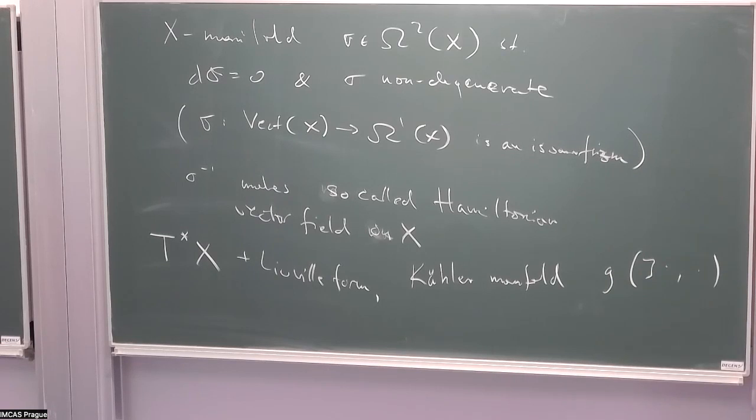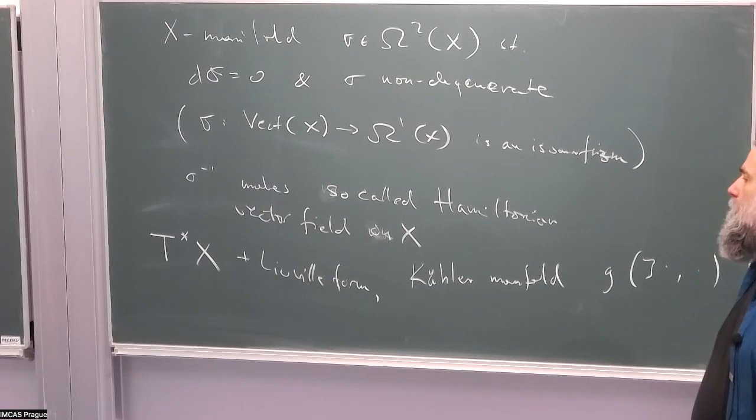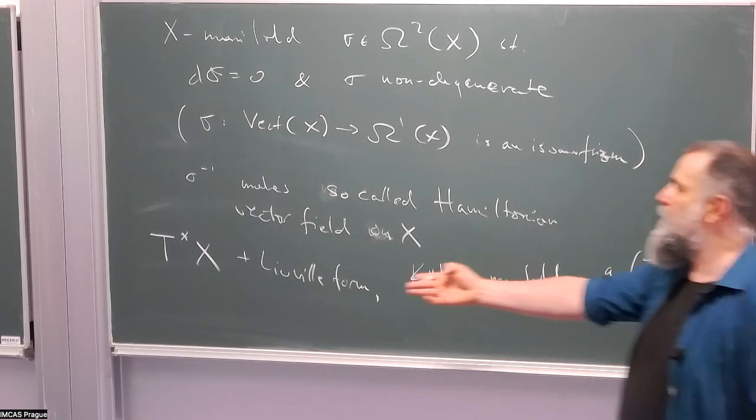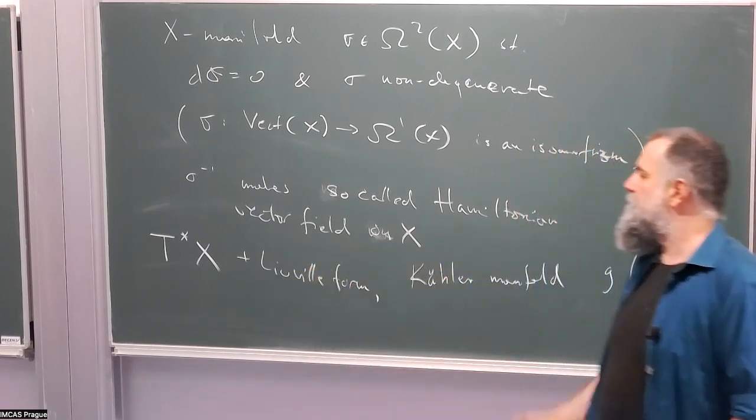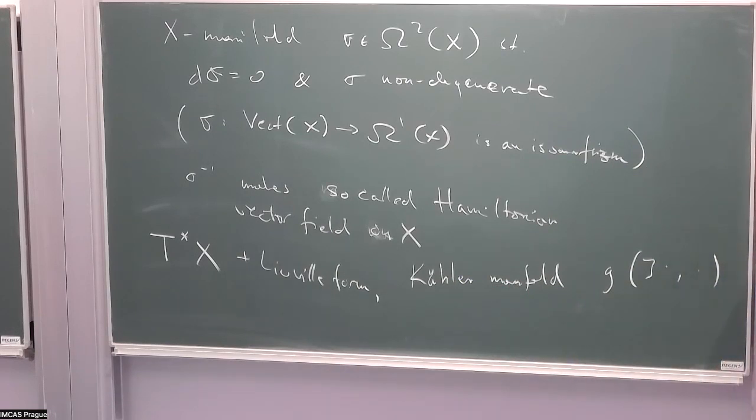So those are two worlds. Here you have necessarily open manifolds. Here you have closed manifolds. Of course, there are trivial examples: surfaces with a volume form, where everything is satisfied on the nose.